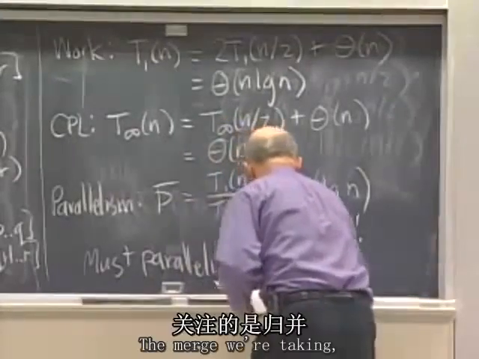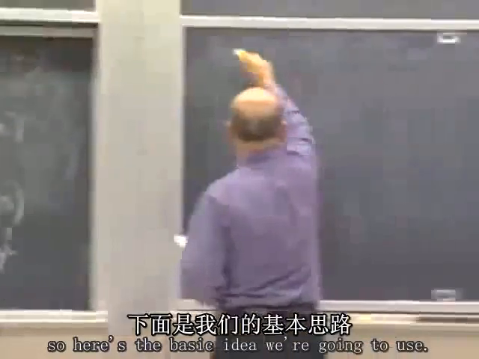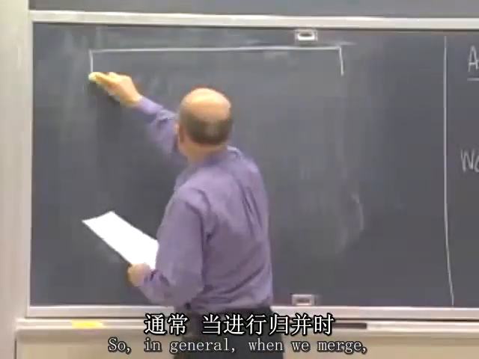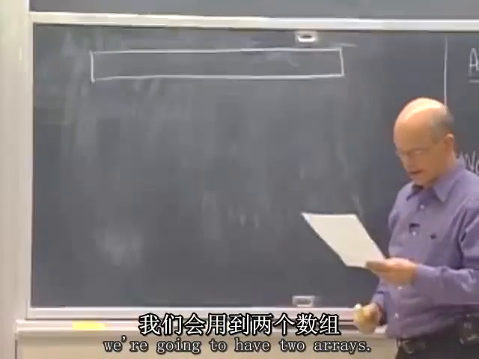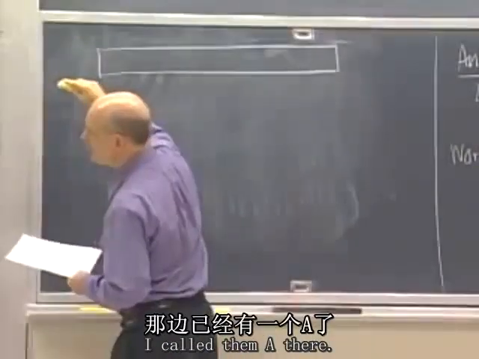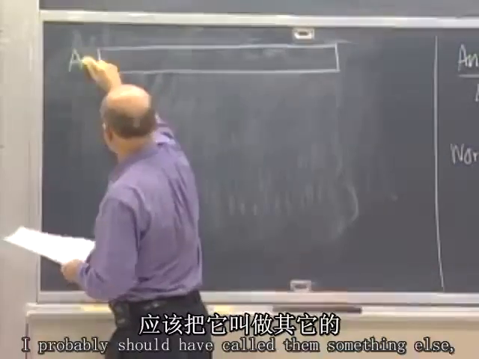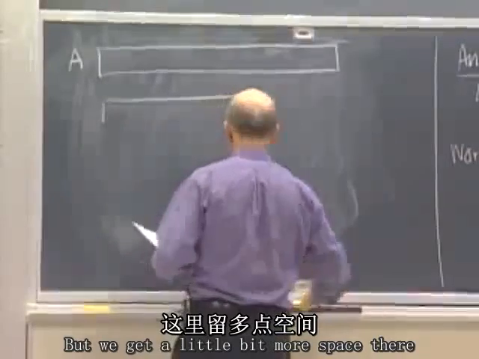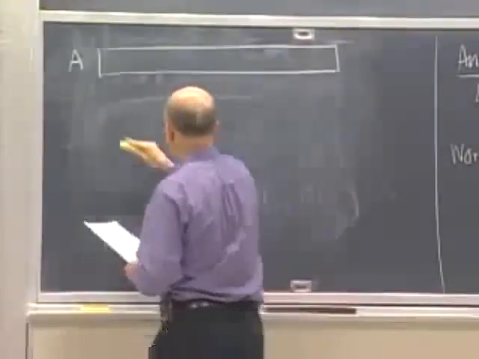The merge routine. So here's the basic idea we're going to use. In general, when we do our recursive merge, we're going to have 2 arrays. Let's call them A and B. I probably should have called them something else, but that's what my notes have, so we're going to stick to it.